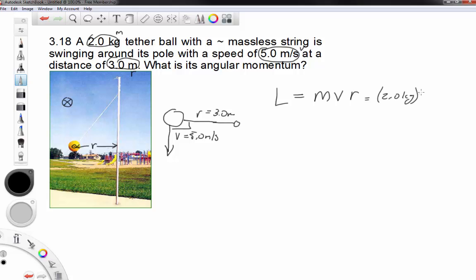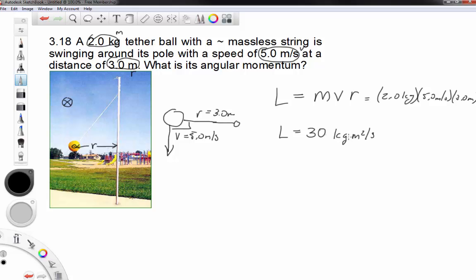So this is 2.0 kilograms times 5.0 meters per second times 3.0 meters. So 2 times 5 is 10, times 3 is 30. So the angular momentum is 30, and the units are kilogram meters squared per second.